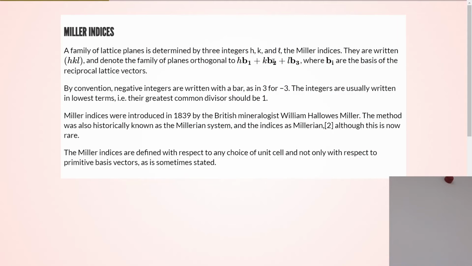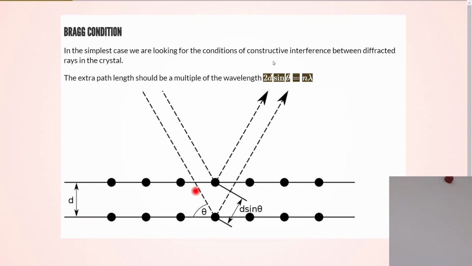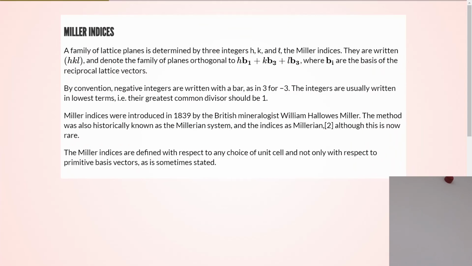So these Miller indices are a way of indicating those directions, and they're these integers that tell you how many of these reciprocal lattice vectors you put into the given direction that you've chosen. And from the geometry, you end up with something that's basically a normal vector to that direction. So essentially the vector will be in this direction, and its length will be inversely proportional to that thing there.